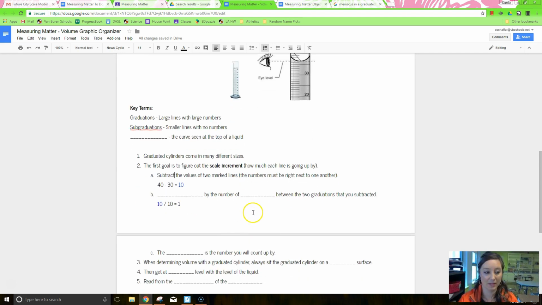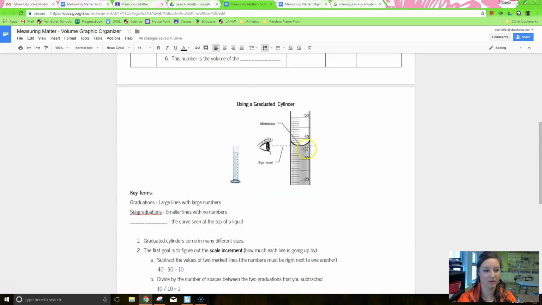Now the next step that you need to do is you need to divide by the number of spaces between the 2 graduations that you subtracted. So the 2 graduations that I subtracted, and I think I'm going to go up and look at this picture now because it's easier for you guys to see. The 2 graduations that I subtracted are right here, and I'm going to count the number of spaces in between.